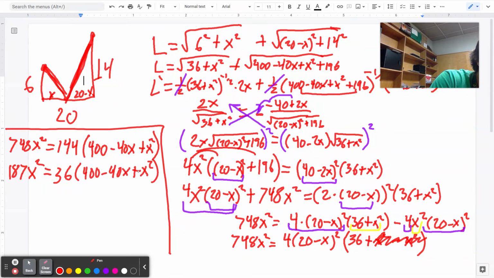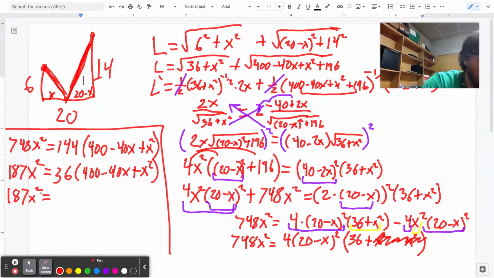Does 187 have any other nice factors in it? Let's see, it's not even, it doesn't divide by 3. Does it divide by 7? No. Divides by 11. So now we're kind of stuck. One thing I'm wondering about is why this problem, in the textbook at least, says it's a no calculator problem.